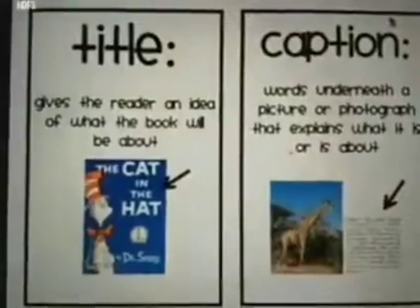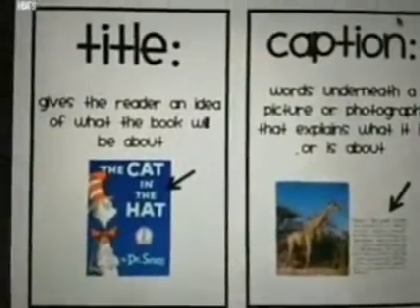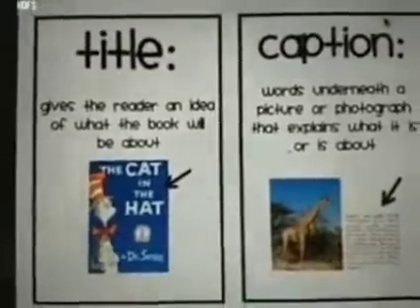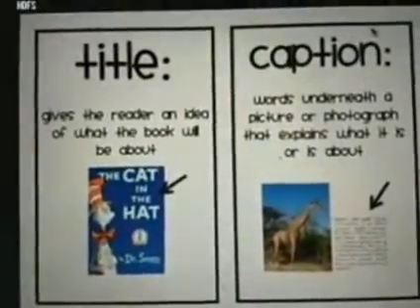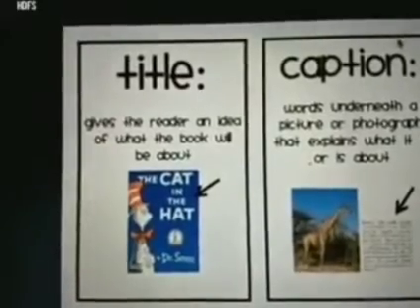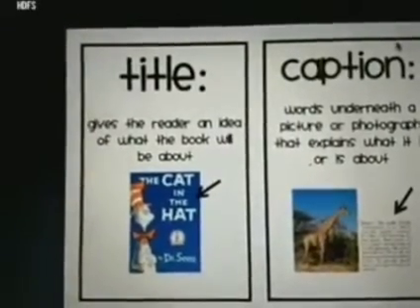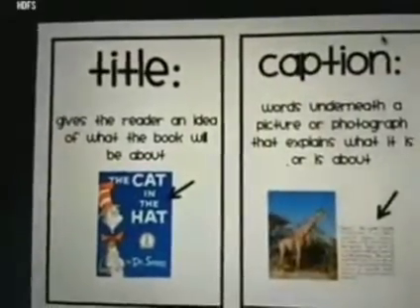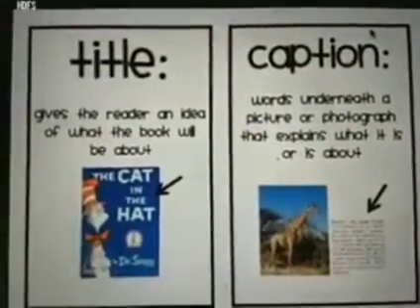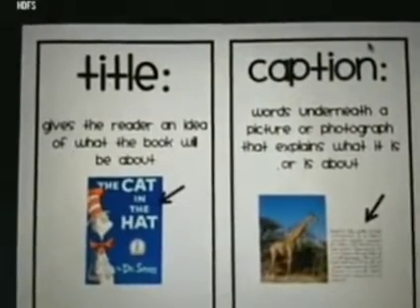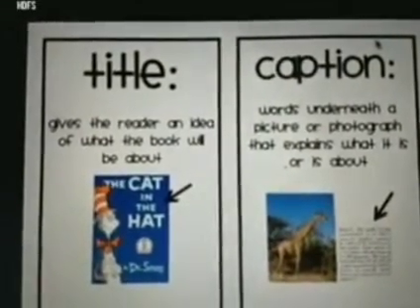In a non-fiction book, the first thing that you will see is the title of the book. On the front page of the book is the title. The title of the book gives you an idea of what the book will be about. The title will tell you what is inside the book, what information you can get.